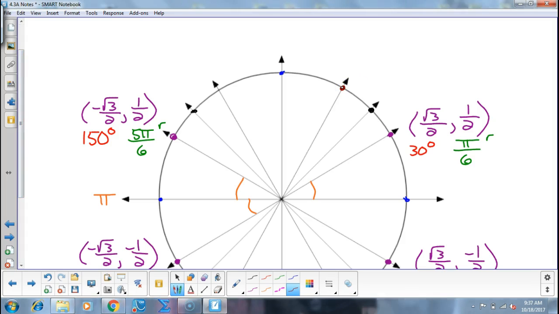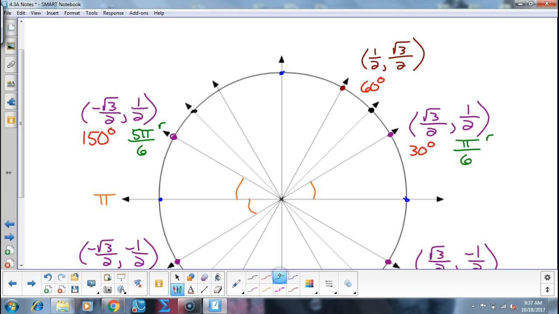So this one we said was 1/2, comma, the square root of 3 over 2. In terms of degrees, it was 60 degrees.